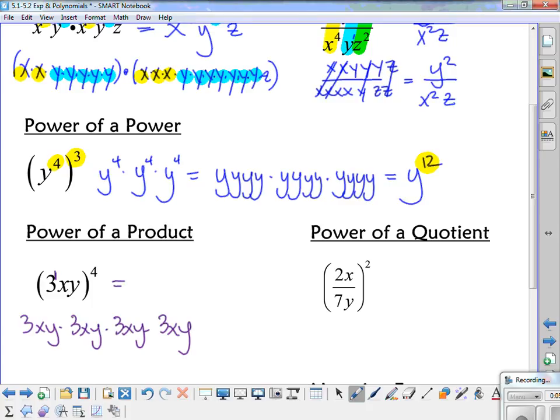And so when you have the power of a product, everything has to be raised to the power of 4. Not just the x and the y are raised to the 4th power, but the 3 is also raised to the 4th power. And so you can see when you write it out, it becomes obvious that you're having to raise it to the 4th power. And so you get 81 x to the 4th, y to the 4th.